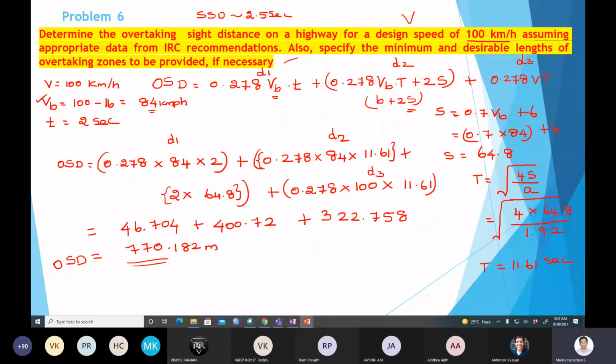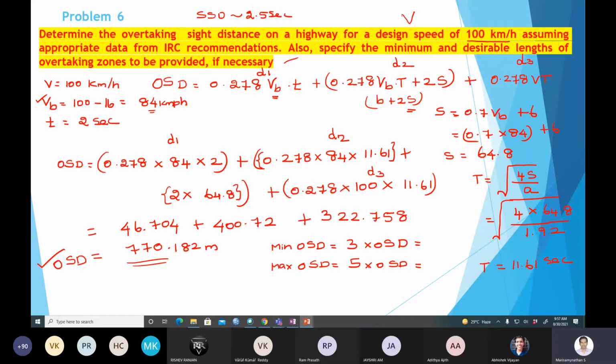Once we estimate the OST value, the minimum OST is three times the normal OST, and you have to provide at least this. The maximum or desirable OST is five times the estimated OST.